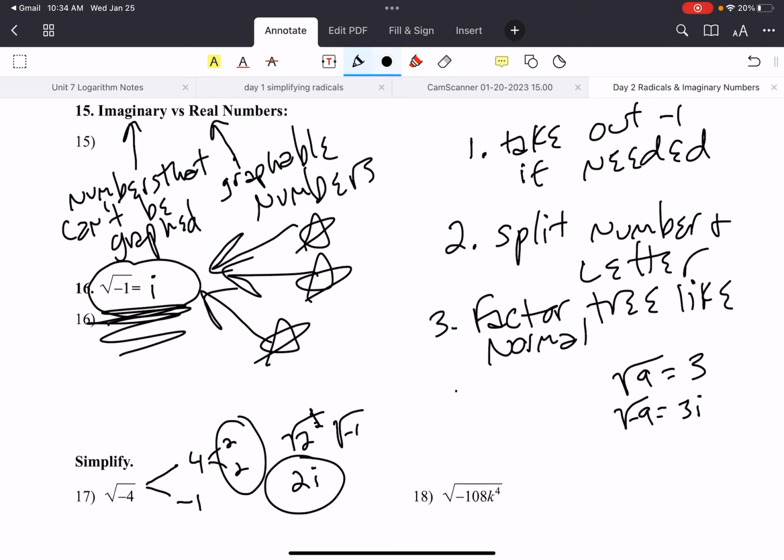What's the square root of 25? 5, good. So what's the square root of -25? 5i, very good. Because you're splitting the negative and the number, and the square root of -1 is i.